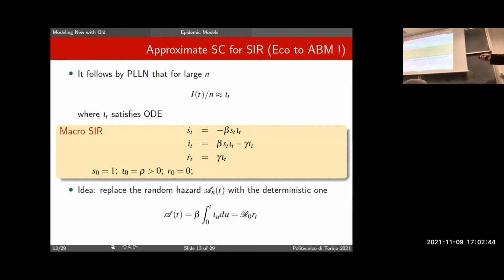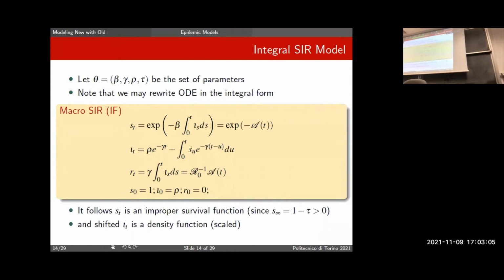And if that is so, then I can replace this random hazard that I called A_N on the previous slide with this analog, where I have replaced I divided by n by iota, where iota is a deterministic function, which is part of the trajectory of that equation. It turns out that it's useful to look at a slightly different version of this equation, where I write it in an integral form.